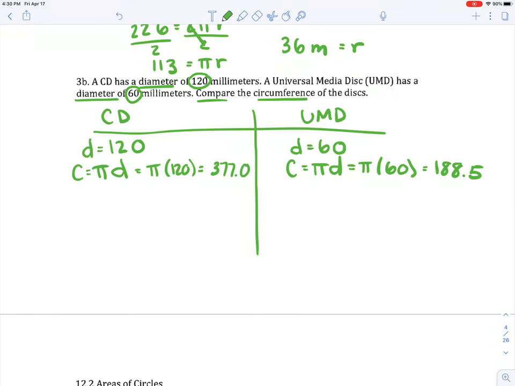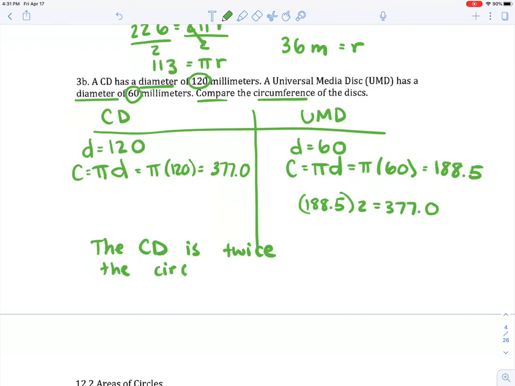So now we can check our prediction here. If I were to do 188.5 times 2, I'm going to get 377.0. So in fact, if I were to compare, the CD is twice the circumference of the UMD.